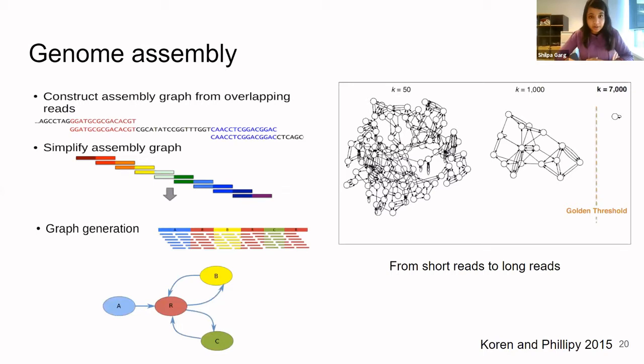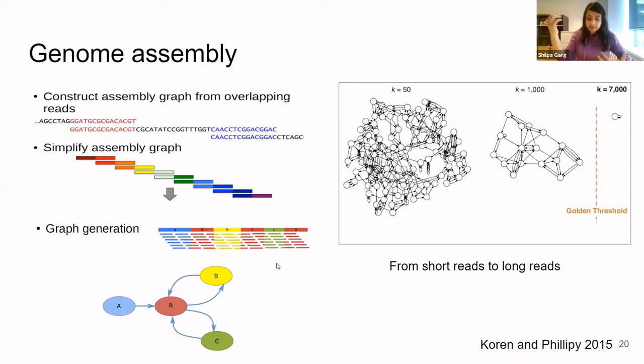So a little bit of background on the genome assembly problem, which actually started 3 decades ago with the start of the Human Genome Project. At that time, there were short reads. The short reads were not able to span the repetitive regions. For example, here you see R represents repeats, and if the reads are short, they can't represent which repeat these reads are coming from.